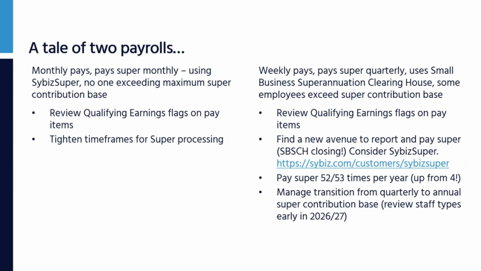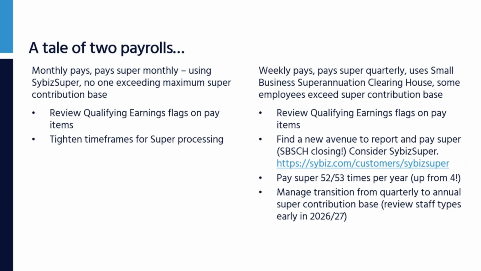We have a monthly payroll, and we pay in the middle of the month for half a month in arrears, half in advance, and we use Sybiz Super, and we're paying our super on a monthly basis. So we really won't have too much to change apart from just doing the super stuff on payday. Other than that, and obviously the SDP2 changes in the background, we're business as usual.